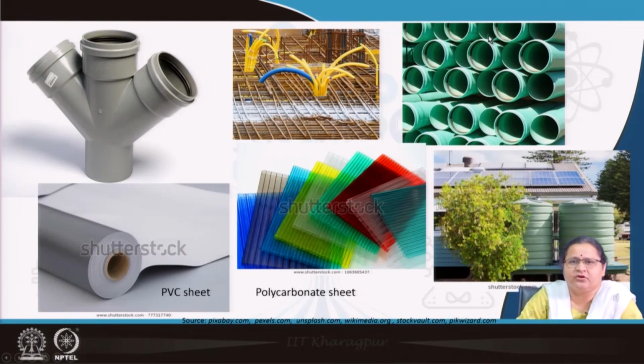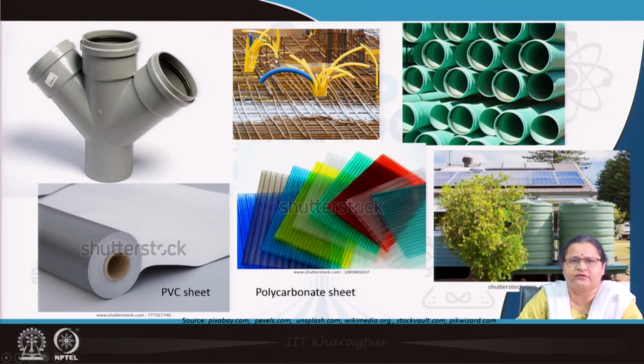Here you see lots of pipes. It may be water pipes, it may be fitting into all these joints. These joints have to be rigid, have to be strong. What you see in this picture is the electrical conduits placed on slab before pouring of concrete.